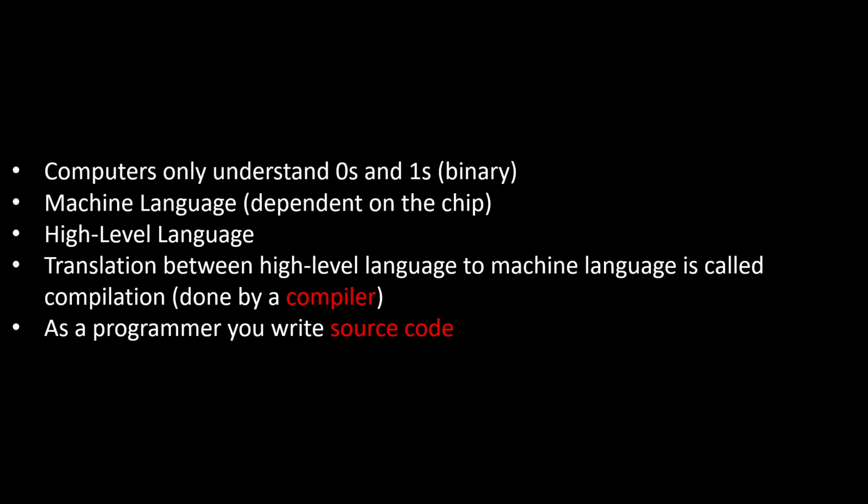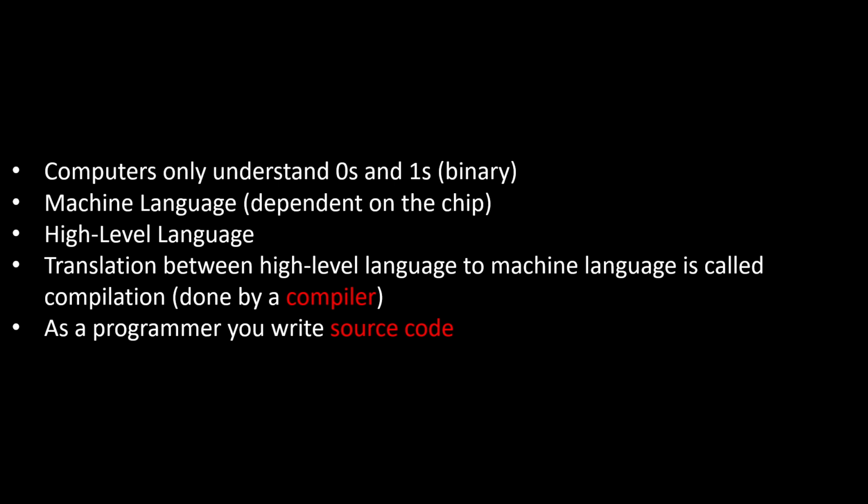So computers only understand zeros and ones. You've probably heard this before, right? Even, well, not the Matrix, but you know what I mean, right? You've seen a bunch of TV shows. It's all zeros and ones moving across the screen and stuff like that, to represent what the computer understands. So basically, I'm no electrical engineer, but it all boils down to electricity going through a transistor or not, right?